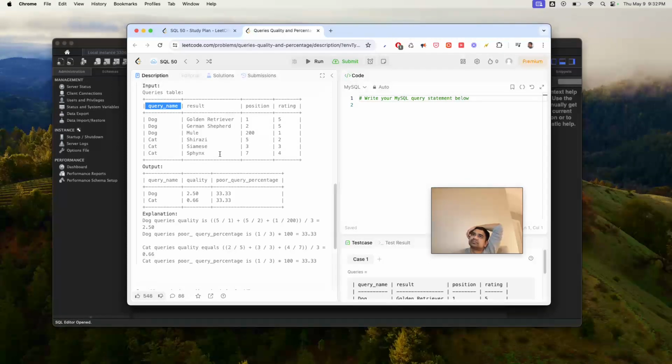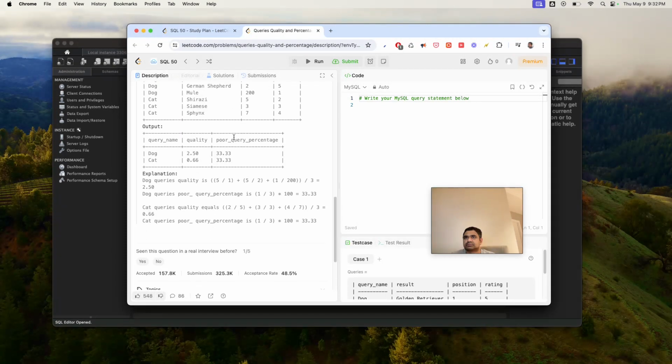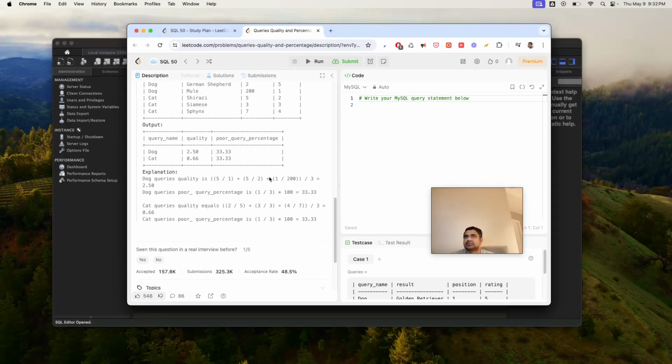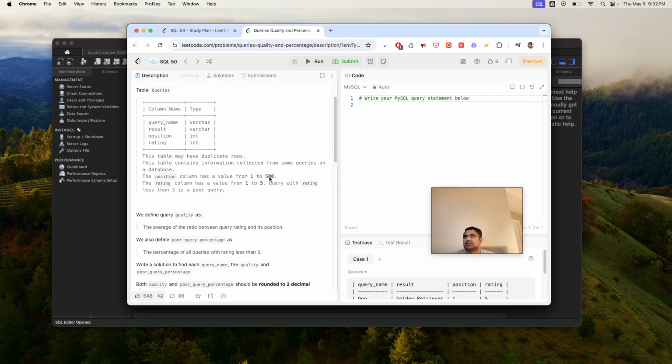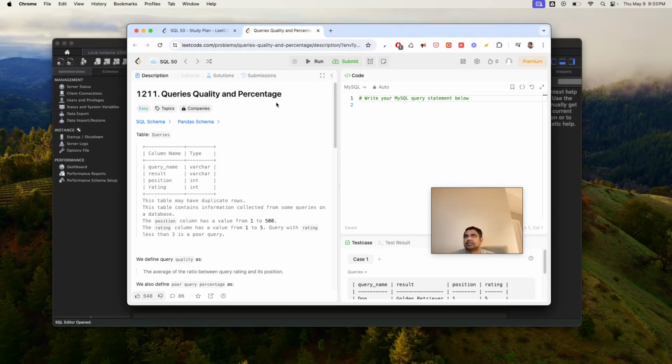Just use this one table, group by, and do the calculation. Basically it's a very easy one in my experience with aggregate functions. Let's see how we can solve it.